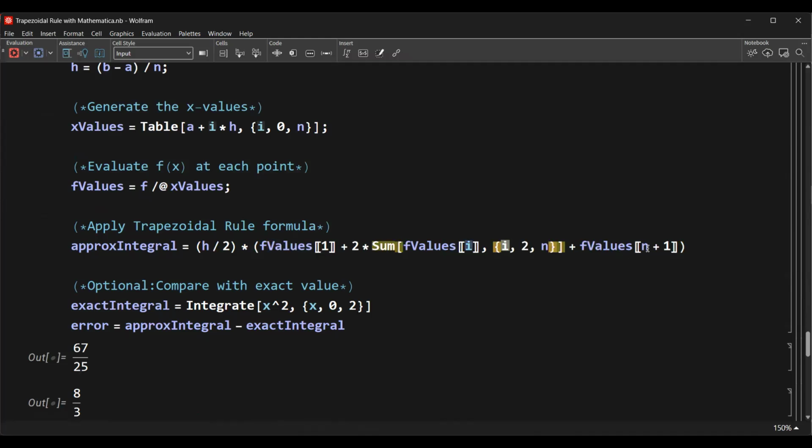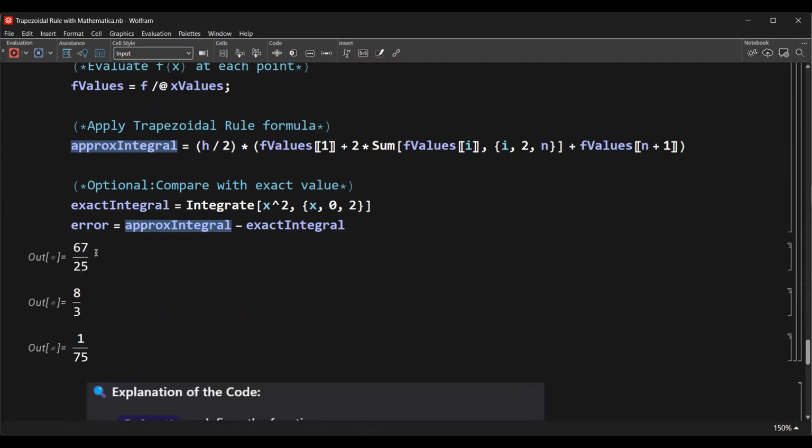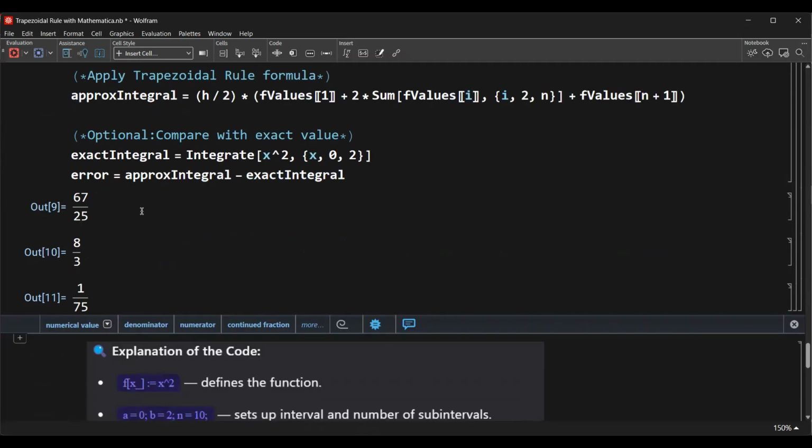So the last point here is n plus 1. So we have the exact integral and we have the error here. So this is the approximate integral here. So the answer here is equal to 67 over 25.